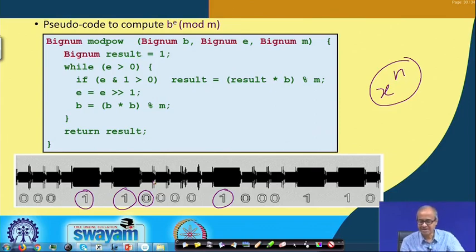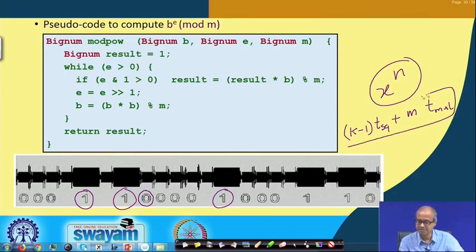So, you can say if there are k number of bits, there will be k number of squarings, t square, plus how many ones are there, I do not know. If m number of ones are there in this n, then m into t multiplication. So, if I measure this time, the first part is constant, second part I can directly get the value of m.